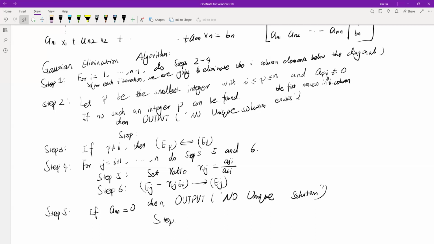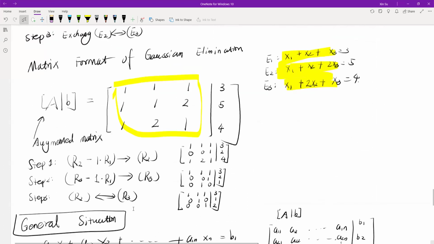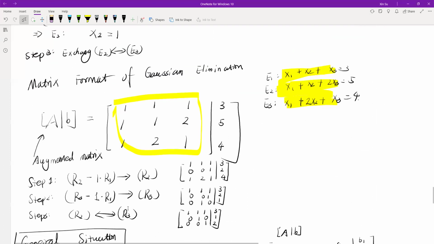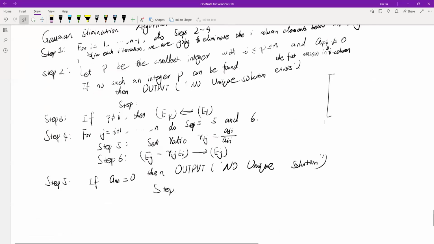Let's say after one iteration you get to this.